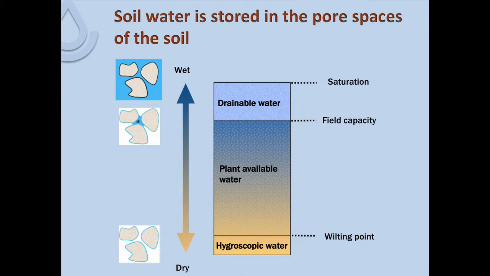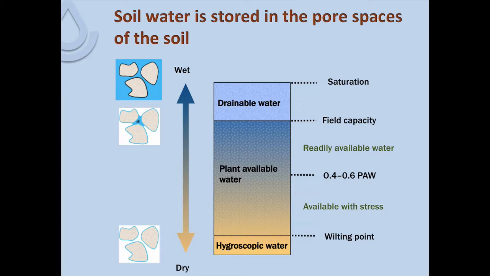So what we consider plant available water, or the water that's available for the plants to use, then, is that difference between field capacity and wilting point. But not all of that water is equally available, and so we can split that up into a couple of zones. One area is readily available water, or water that plants can access without undue stress, and then beyond that we get into water that's technically available, but the plant is under some amount of stress trying to access that.